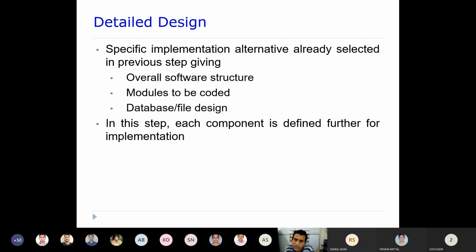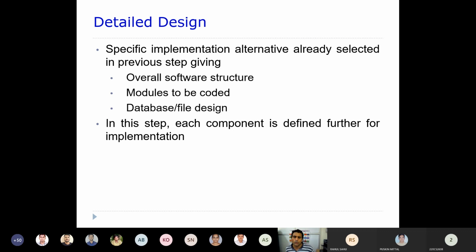So ultimately, each and every component is defined in such a way that the component can be directly developed by a programmer. Part of detailed design means you will have pieces of components, and each and every component is defined in such a way that it can be directly implemented by a programmer.